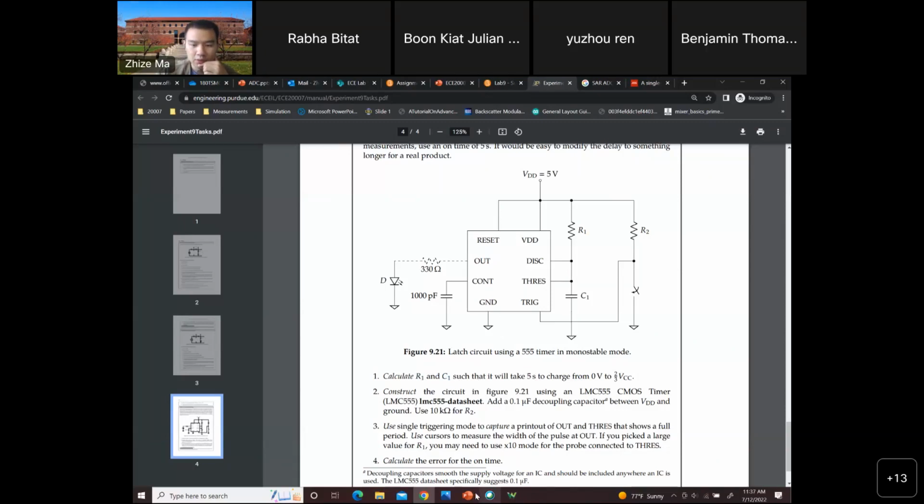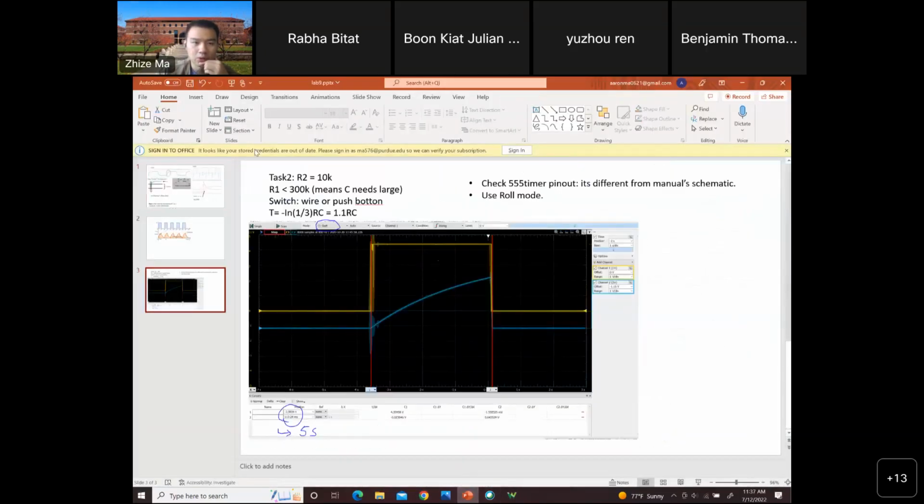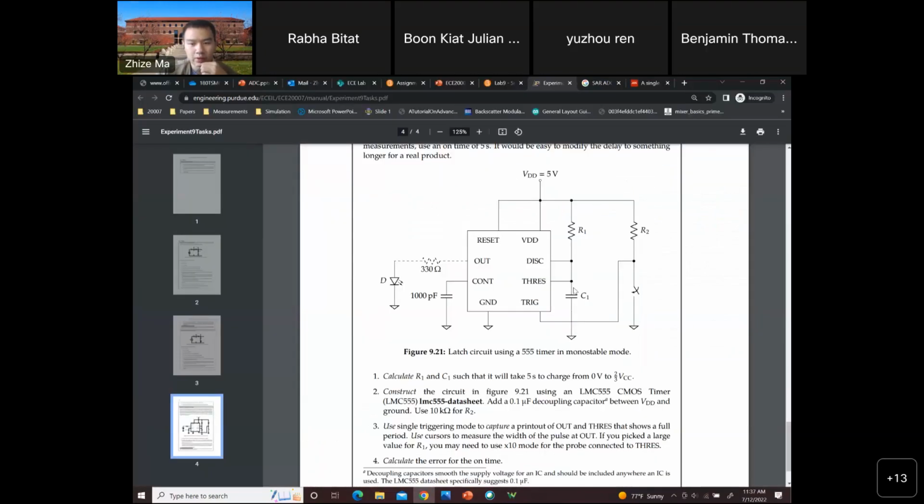Another thing you want to know here is you want to make sure R1 is not very large. R1 should probably be smaller than 300K ohm, because you want to measure the voltage at the threshold at the end by oscilloscope. The oscilloscope itself has some internal impedance, or input impedance. So what will happen is something looks like this: this is C probe, R probe.